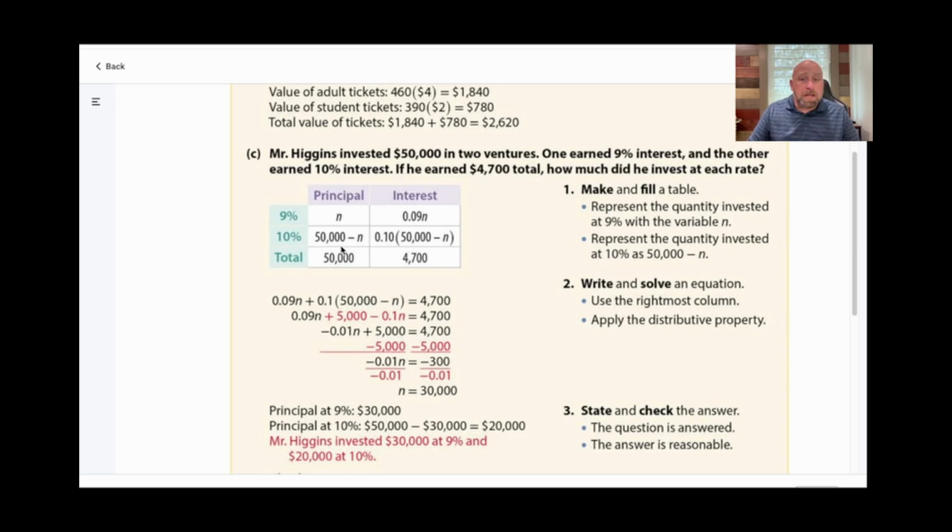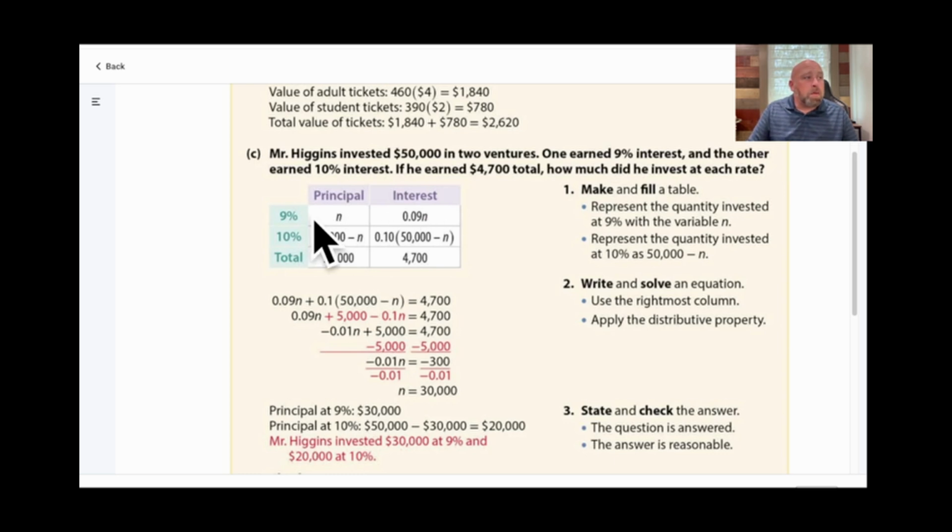So we're just going to plug it in again. If you notice, we're going to set up our chart. One was at 9%, one was at 10%, and then our total was 50,000. We just chose one. Didn't matter which one we chose, and we called one N for number.